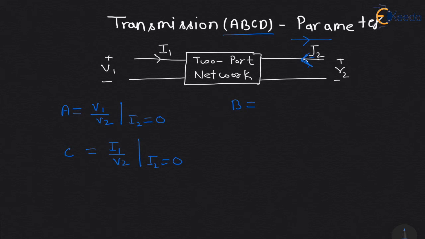And the value of B is equal to V1 upon I2 when V2 is equal to 0. And the value of D is equal to I1 upon I2 when V2 is equal to 0. So this is how we can calculate the ABCD parameter.